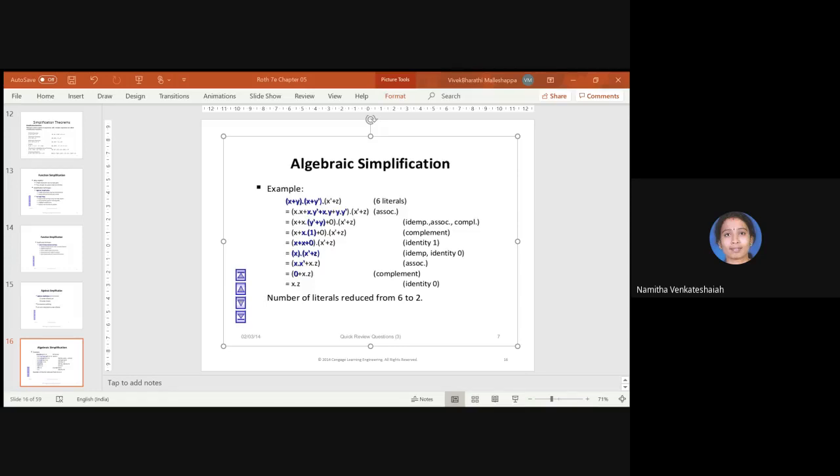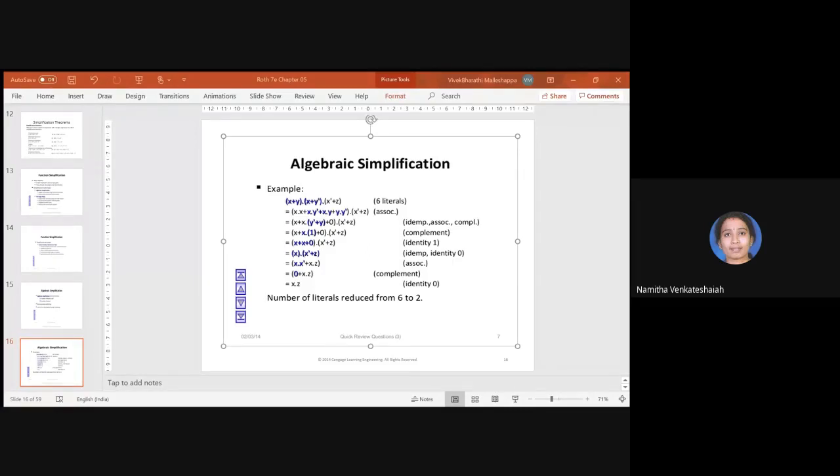So students, from this point, I will just summarize. We know that there are representations of Boolean algebra equation or digital circuit equation in the form of product of sums and sum of products, or sum of min terms or product of max terms. And these representations can be reduced.